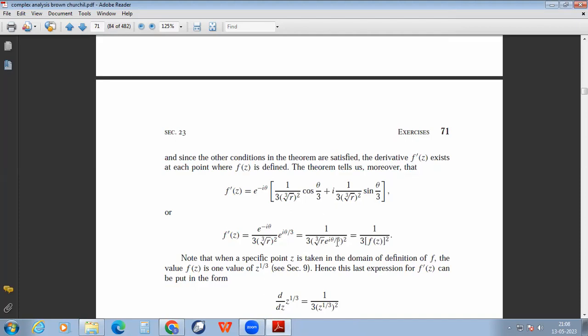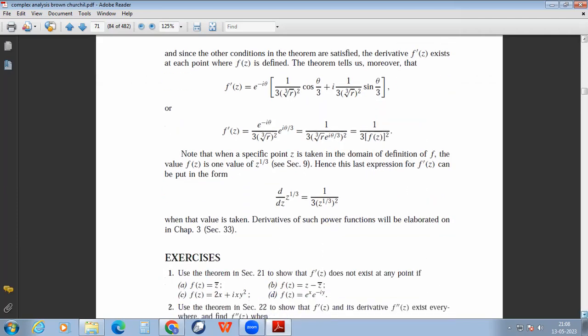They have carried it down, and now they are calling it thrice f of z whole square, in the denominator. So whatever we use in our functions of real variables, same kind of thing you'll observe in case of complex variables also, as far as the formulae for derivatives are concerned.